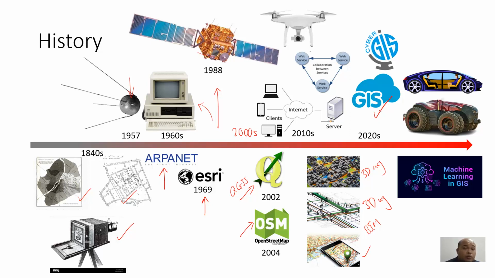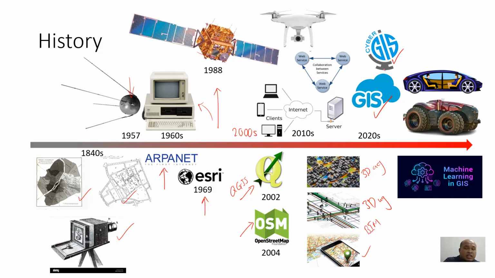So yeah, you can always conduct your GIS analysis without any trouble regarding the breakdown of a hard disk or any medium that you store your data on. And also cyber GIS, which means the bigger version of cloud GIS.